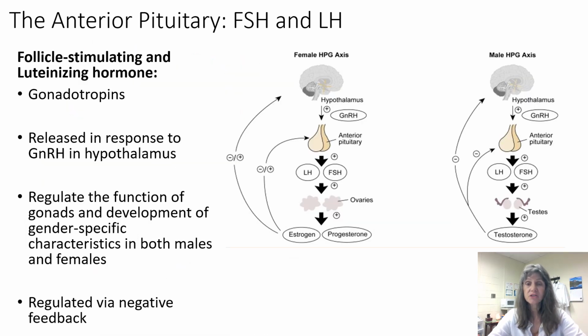This takes us to follicle stimulating hormone and luteinizing hormone, otherwise collectively known as gonadotropins, because these hormones affect the gonads.